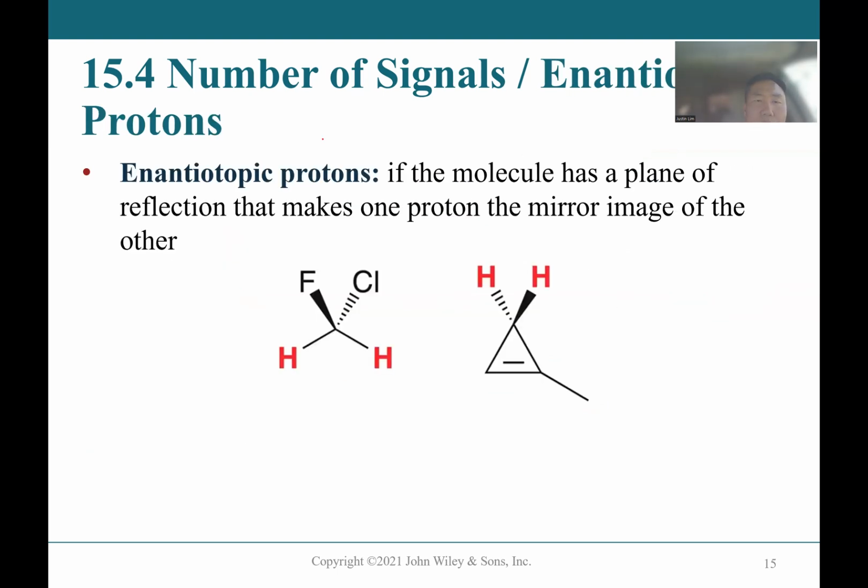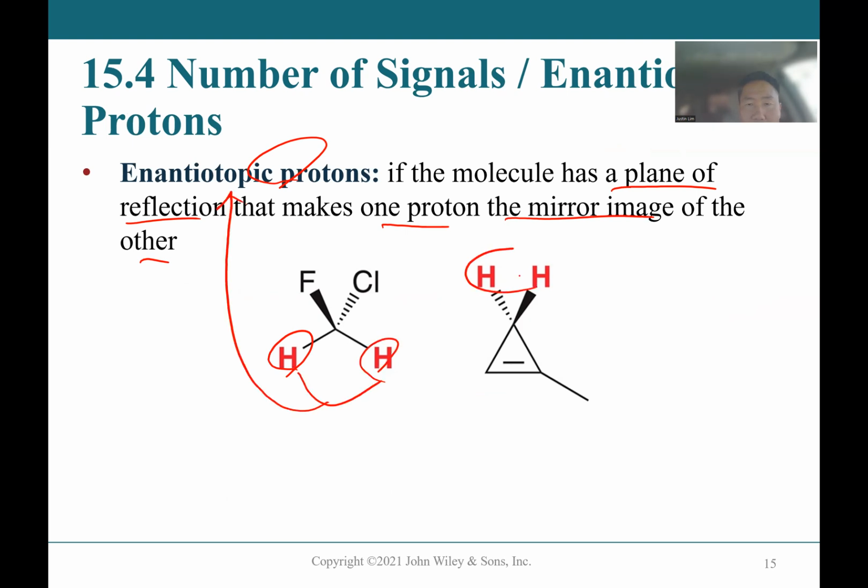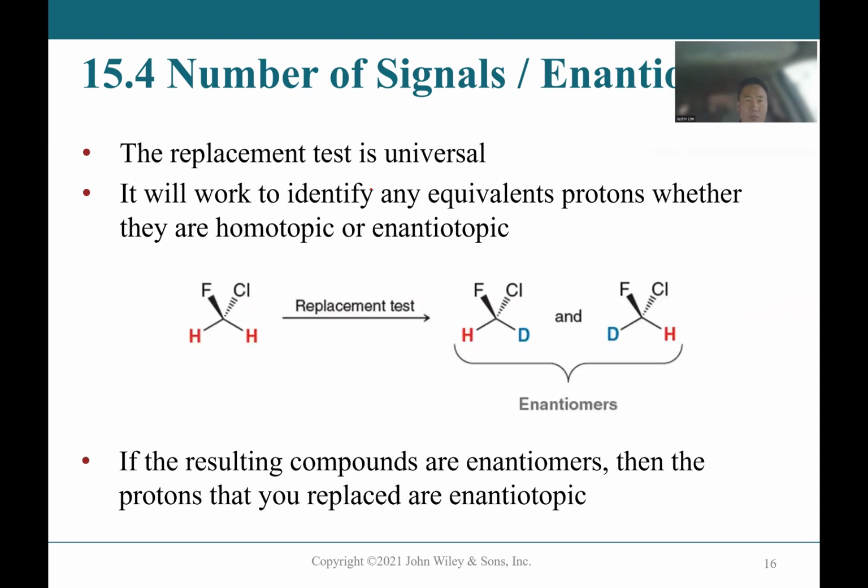Now enantiotopic protons. If a molecule has a plane of reflection that makes one proton the mirror image of the other, we call this an enantiotopic proton. This replacement test is universal.